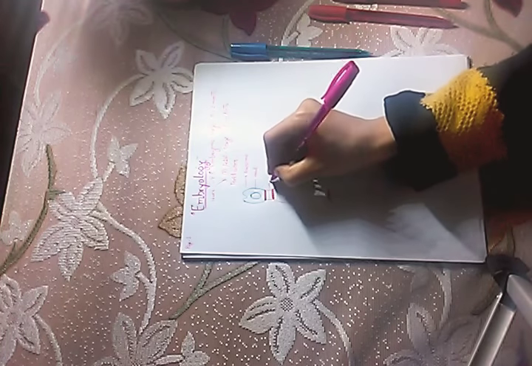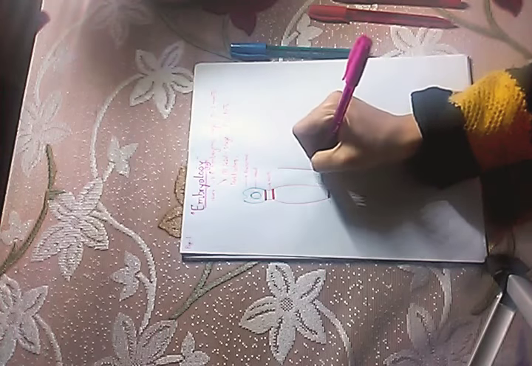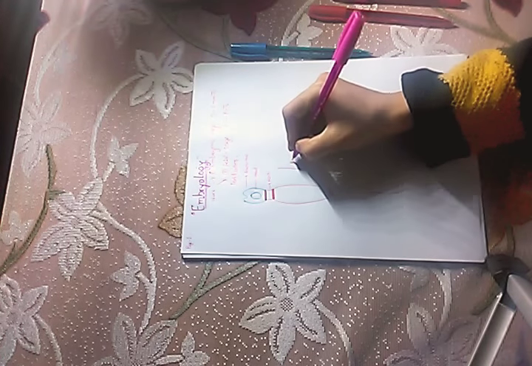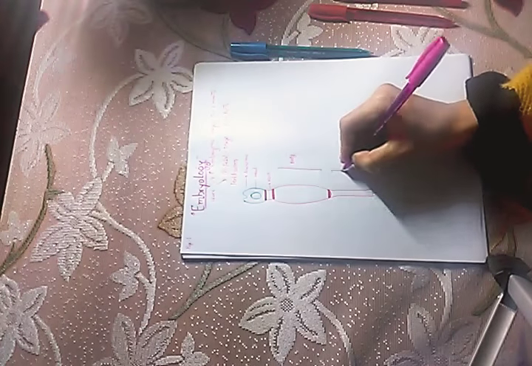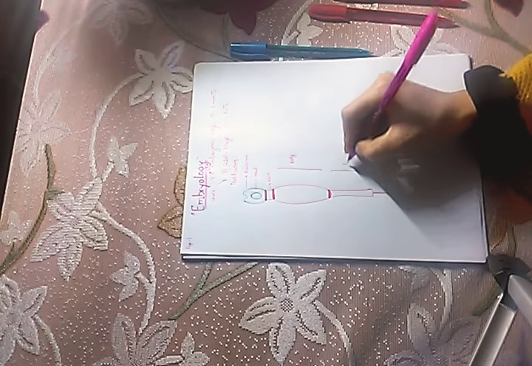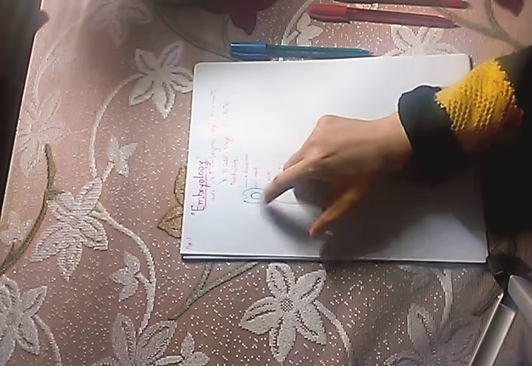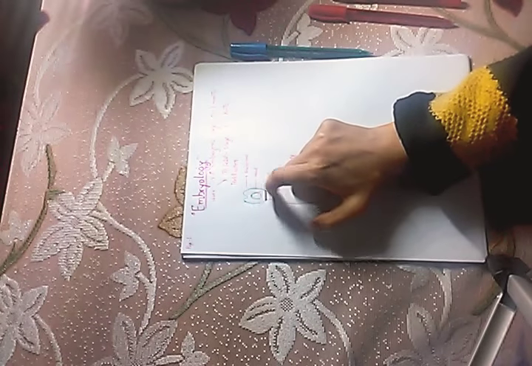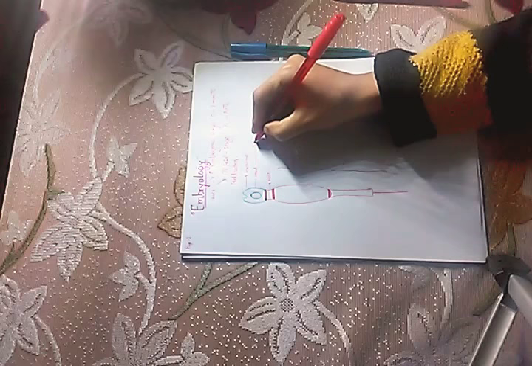This is the neck. This whole portion is the body, and we have the tail. The head is oval in shape, like an oval-shaped head.